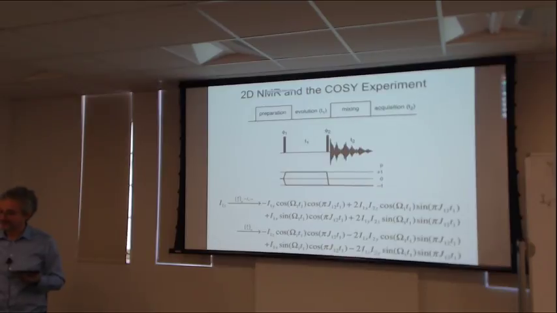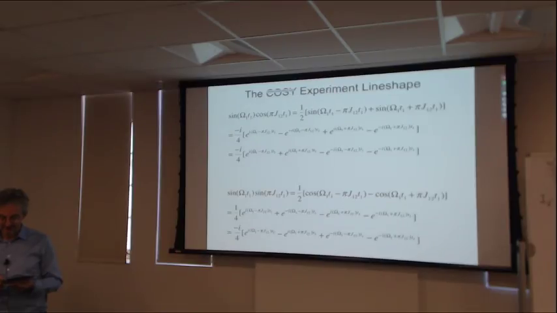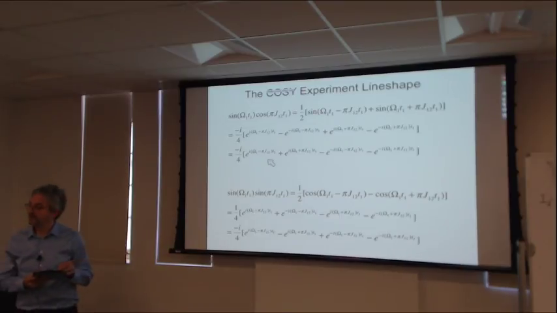So our Fourier transform here, when it generates four signals, reflects the fact we don't know whether our chemical shift was positive omega I or negative omega I, because we only measured the IX component. We flipped the IY component up to Z, and we didn't see it during detection.